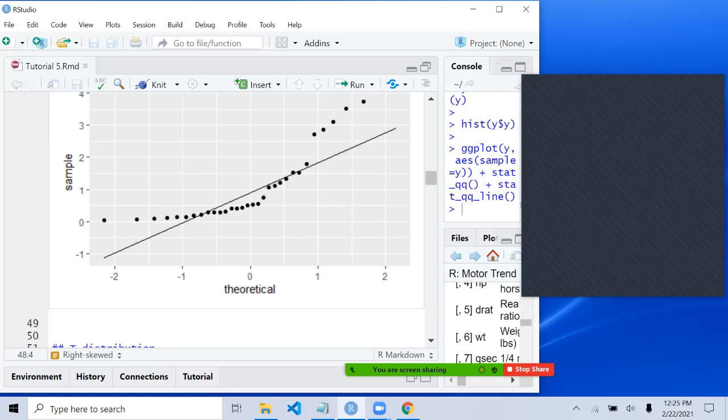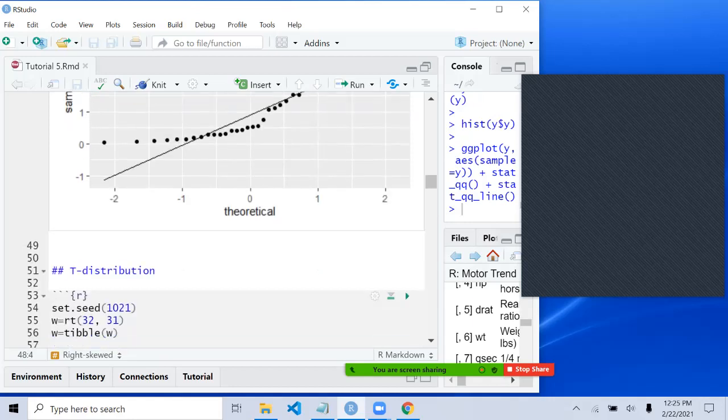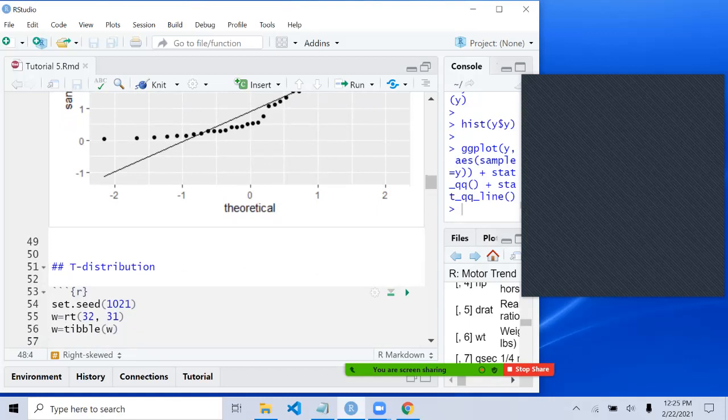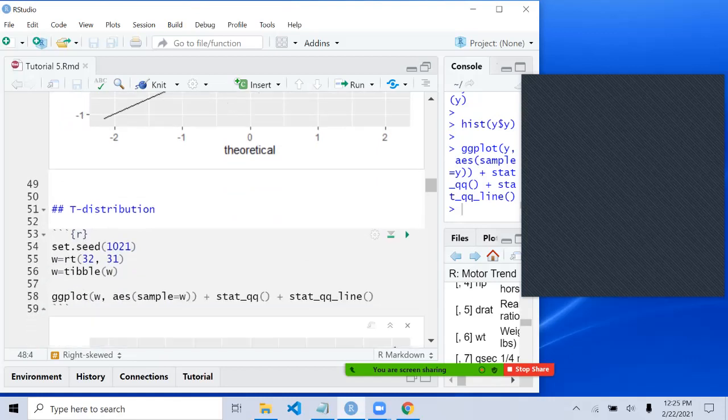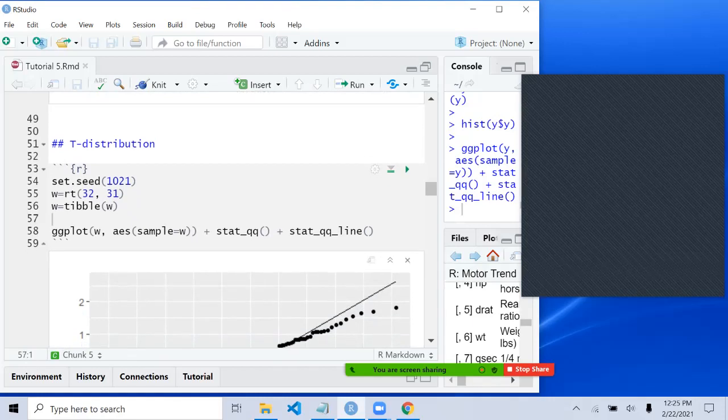The other one you would see a lot is the T distribution, right? The T distribution also has a very distinct look because it almost looks symmetric in the way the normal distribution does, except you know that it has long tails. So it should look normal in the center.